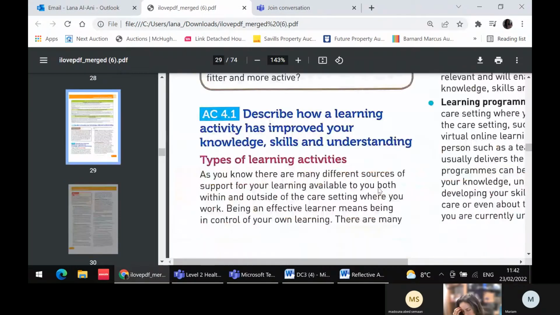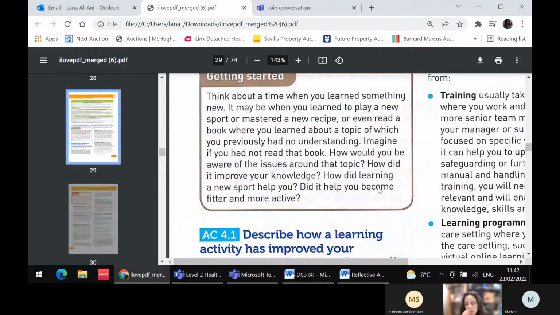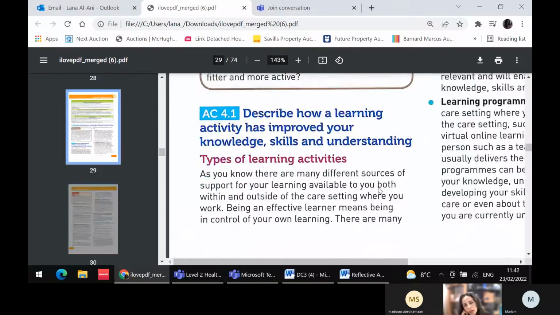So for me, I can answer before I started work in my own nursing home. At the moment, I want to do volunteering work in another care home. When I done this volunteering work, I learned a lot.